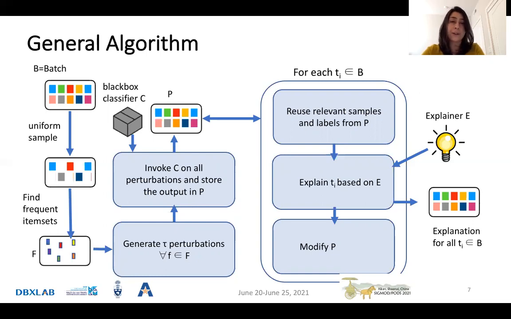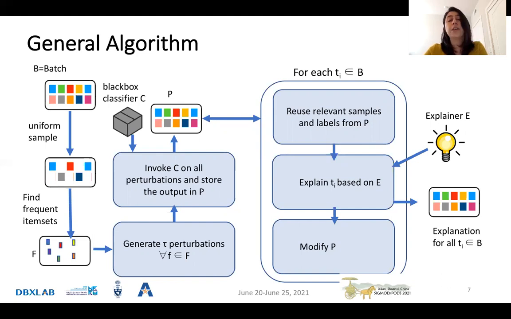So the general algorithm is as follows. Given an input batch of predictions, we take a uniform sample from this batch and then find frequent item sets over it and generate a fixed set of perturbations for each item in the frequent item set, then invoke the black box classifier on these perturbations to label them and generate the samples and their labels in the storage.